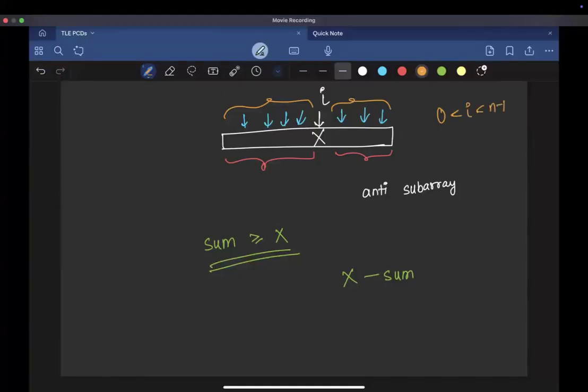Next, what if there is no positive element on the right hand side? Then you will have to pick up some negative element. Let's say you have -1, -10, and -4 on the right hand side, there is no positive element. But you need to pick up at least one element from the right hand side also, to make sure that this is the hole of an anti subarray, right?